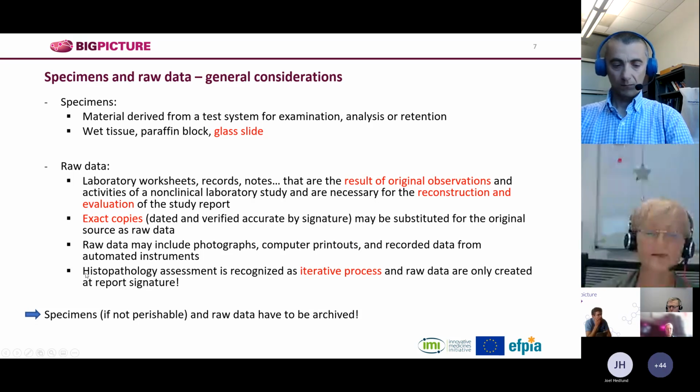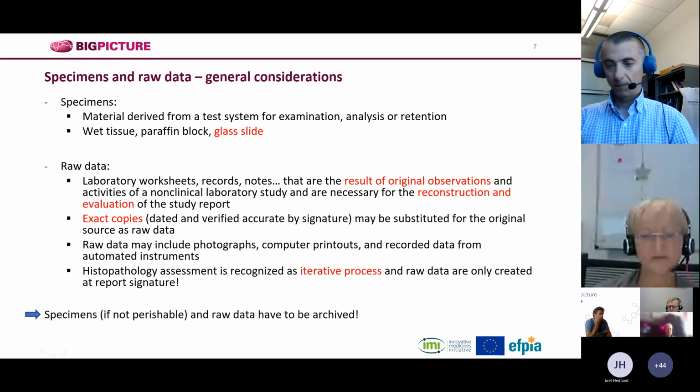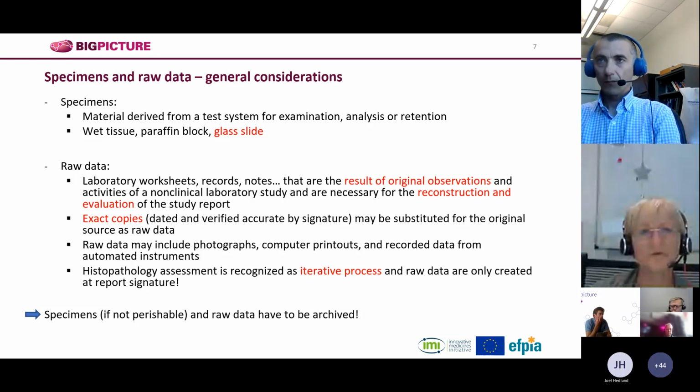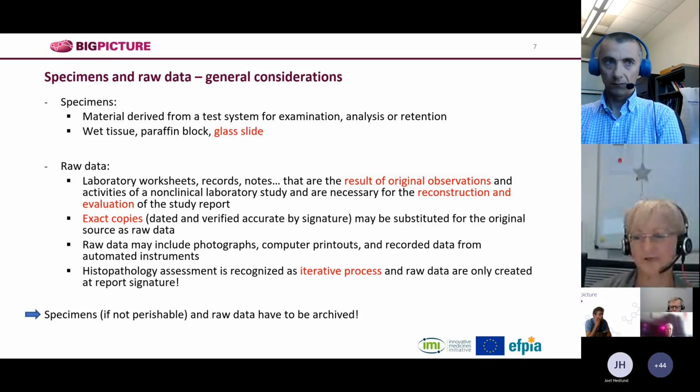And then a specificity for histopathology is that raw data are not considered to be notes taken or records immediately made at observation, but only the finalized and signed pathology report, because it is recognized that when evaluating, as I showed, something like 2,000 organs of a study, there is some back and forth.